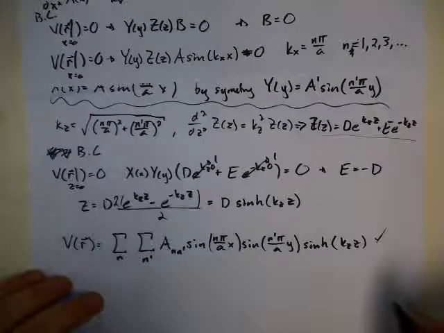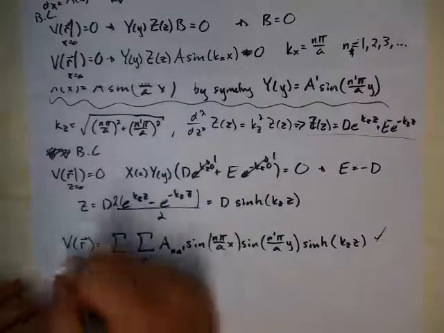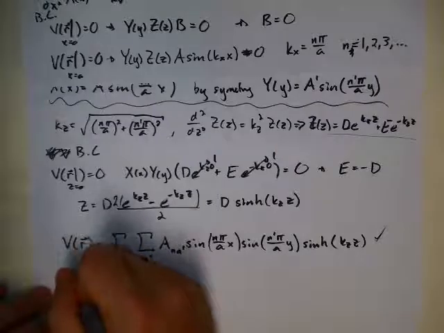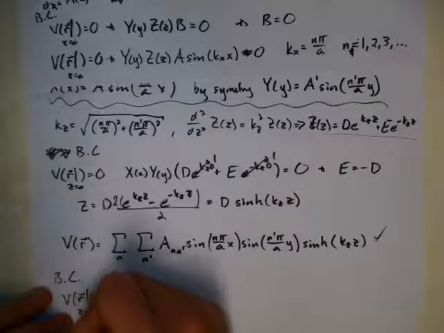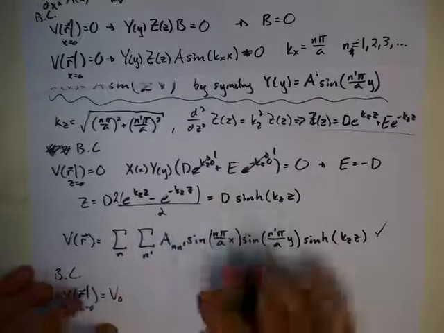This is evaluated at z equal to a, and so the last boundary condition is that V evaluated at z equal to a is some constant V naught.